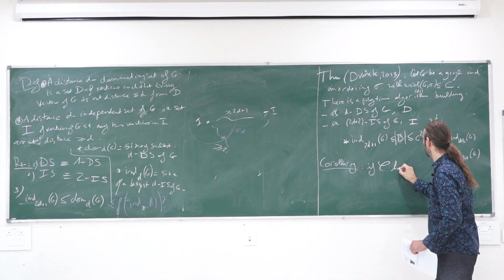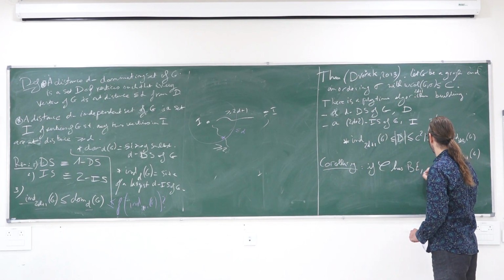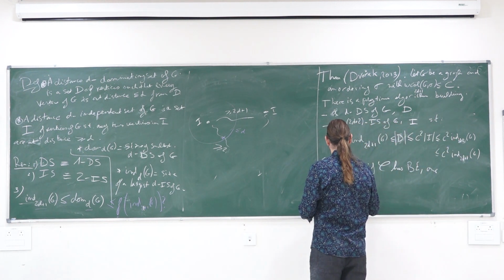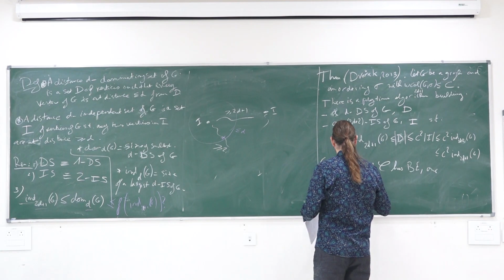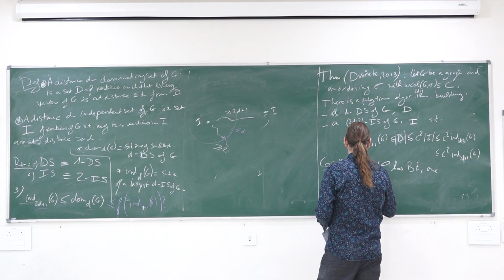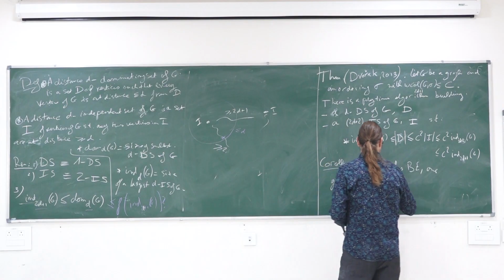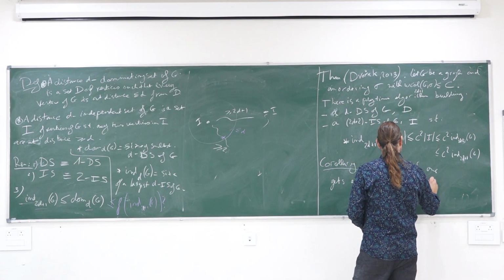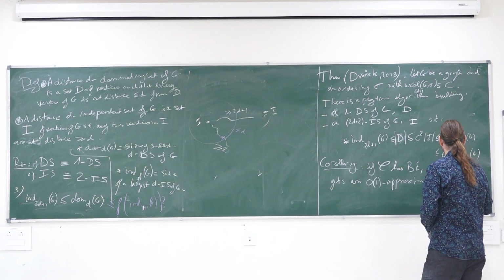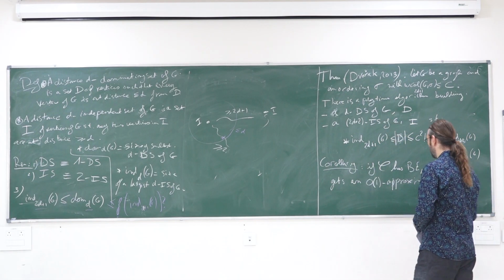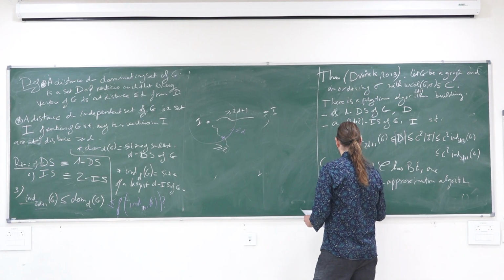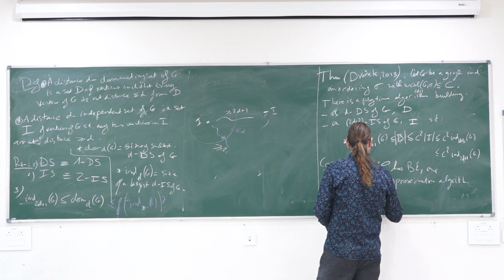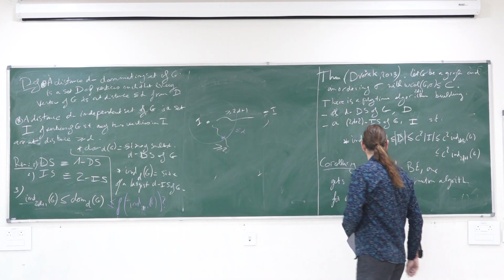So as a corollary, if the class C has bounded expansion, one gets an approximation algorithm for d-dominating set and the independent set.